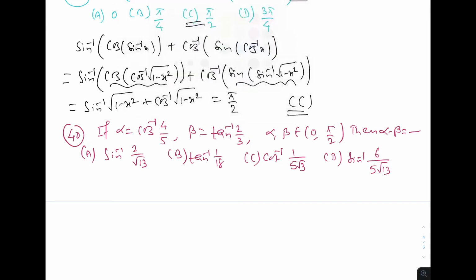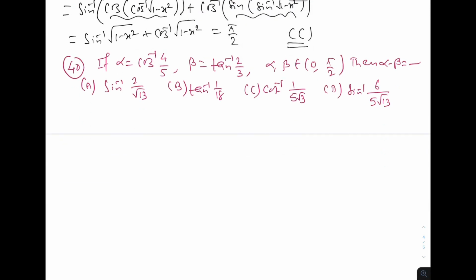Okay. So now alpha minus beta. So this is cosine inverse 4 by 5 minus tan inverse 2 by 3. But cosine inverse 4 by 5 can be easily written in terms of tan inverse.